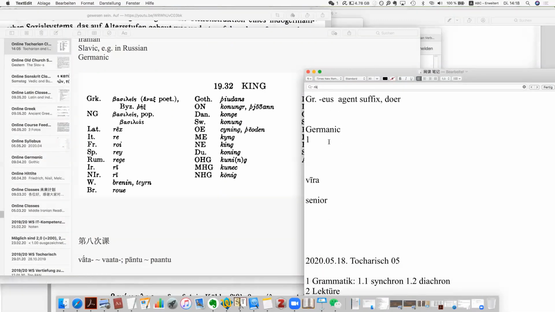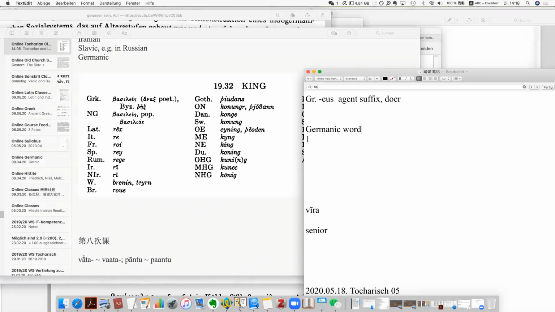There are two groups for Germanic words for king. The first group, of course, is the king word. This is pretty easy. The second group represents the so-called king, and you find it in English, and in Old High German you have Koenig.